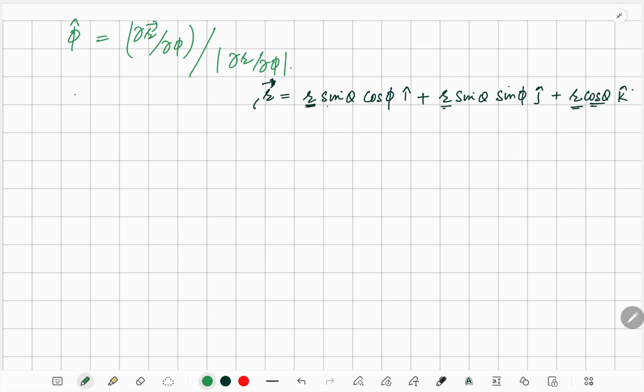So phi cap is given by dou r with respect to phi while taking r and theta as constant. So it's like r sin theta cos phi gives minus sin of phi i cap, plus r sin theta sin phi gives cos phi, and there is no phi here, so that would be 0 k cap.